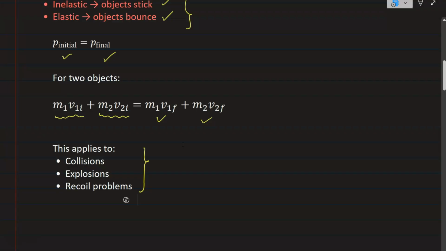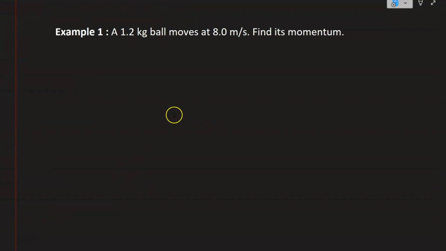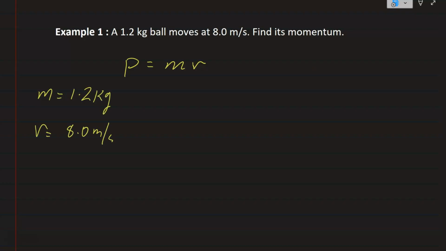All right, now let's start with a few examples. Example one: you've got a 1.2 kg ball moving at 8.0 meters per second. We want to find its momentum, and momentum, again, p is equal to mv. We know that m is 1.2 kg and velocity is 8.0 meters per second.